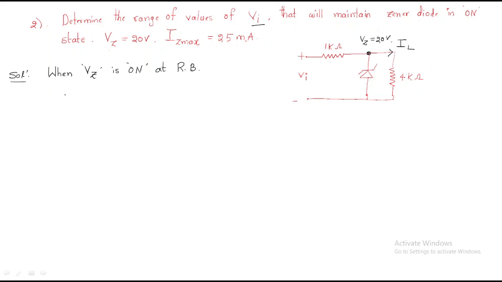When Iz is minimum, in the on state, it has the current. The GNR diode has two currents, that is the minimum GNR current and the maximum GNR current.